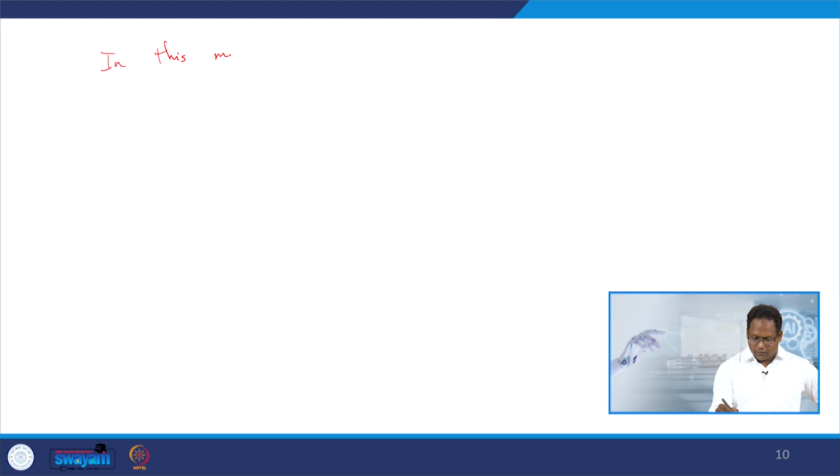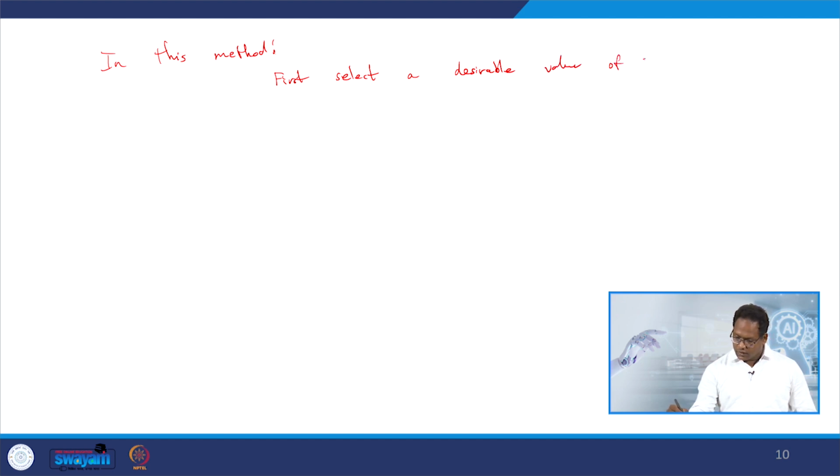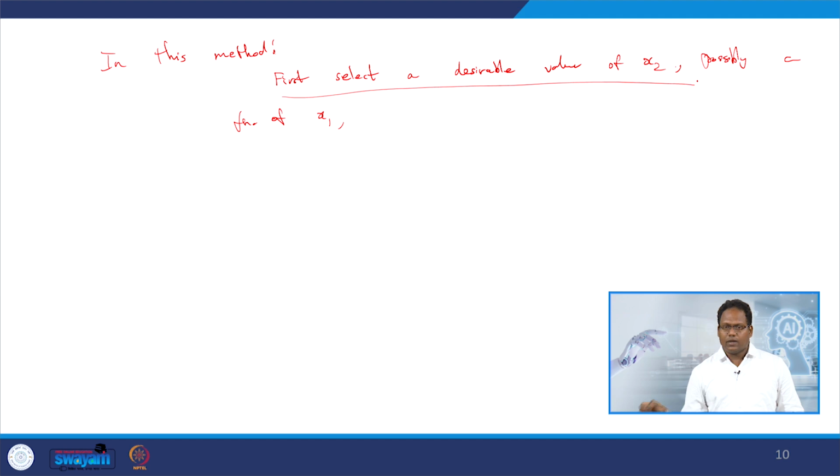In this method of control strategy, we need to first select a desirable value of x2, possibly a function of x1. So, in this method, first we need to select a desirable value for x2.